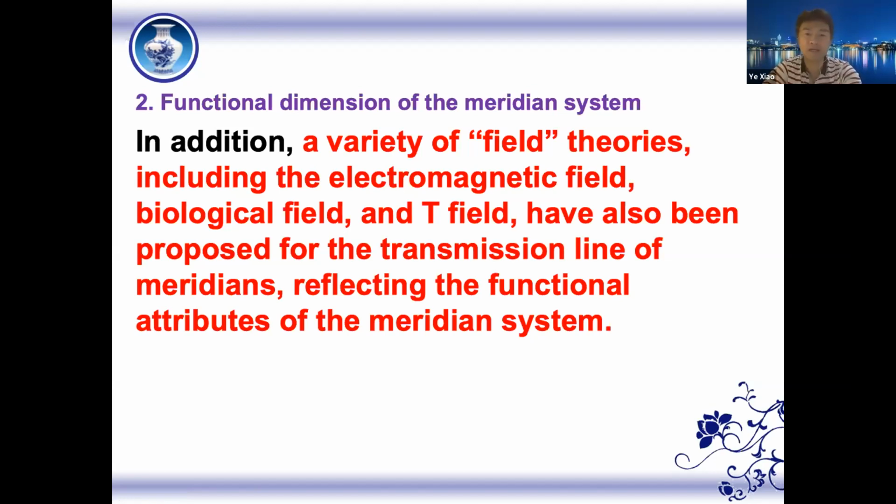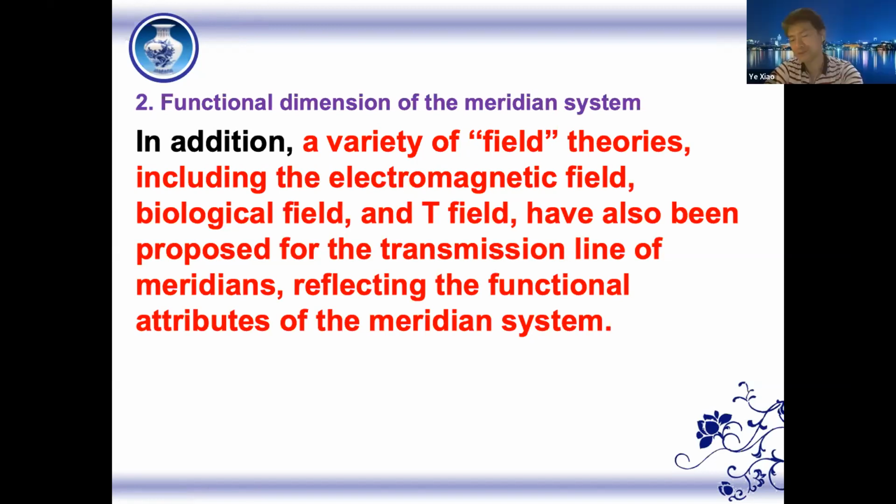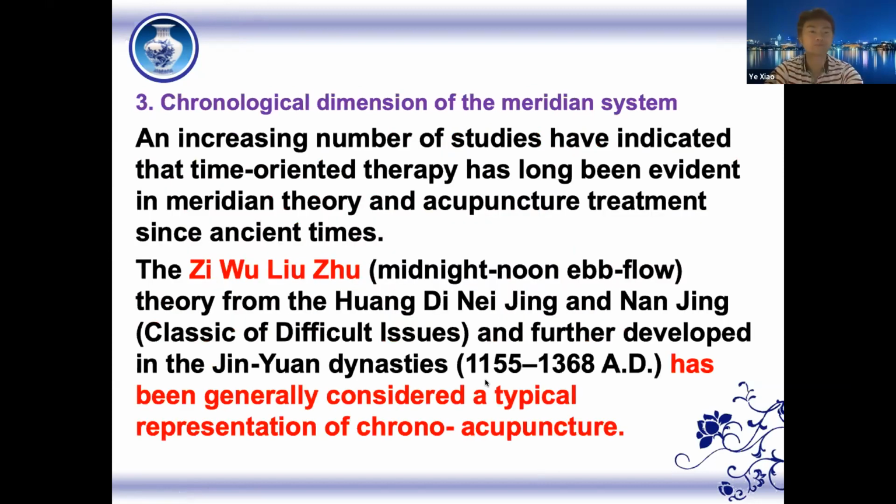For example, the electromagnetic field, the biological field, the T field have also been proposed for the transmission line of meridians, reflecting the functional attributes of the meridian system. Okay, so this is the second dimension I would like to mention, the functional dimension.